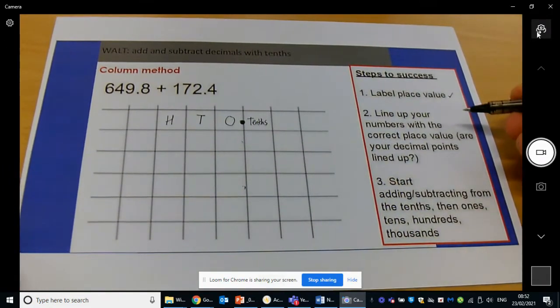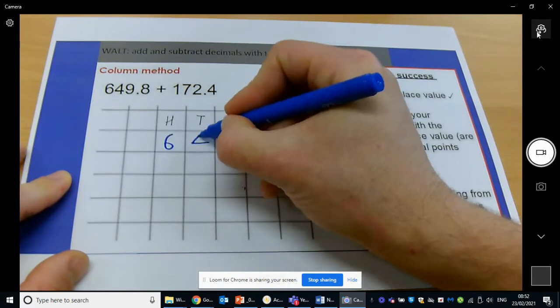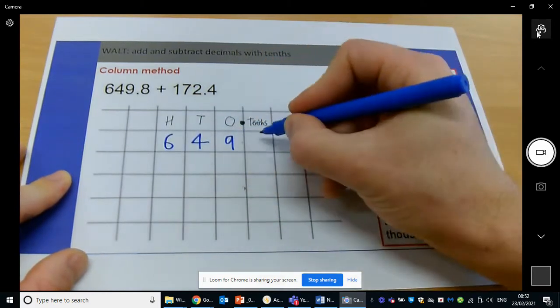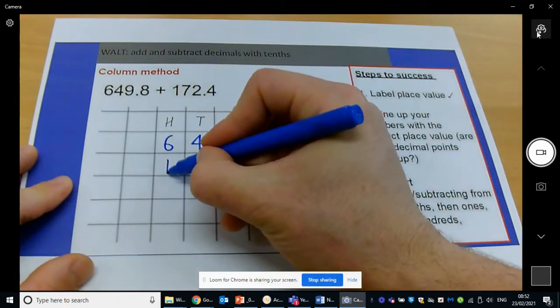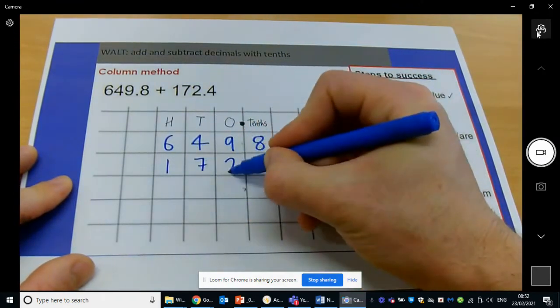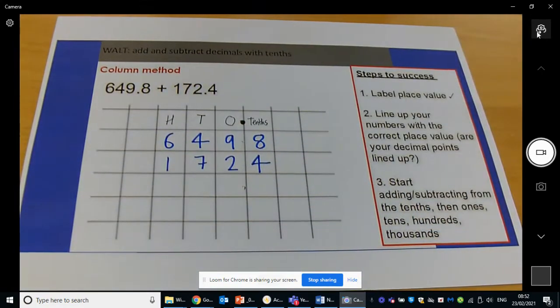Next, line up your numbers with the correct place value. So we have 649.8 and 172.4. There you go, 649.8 plus 172.4.